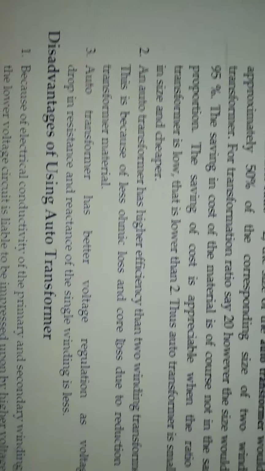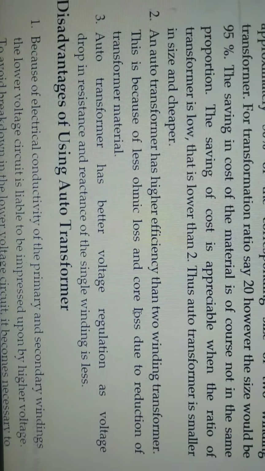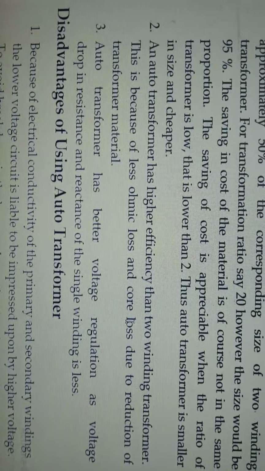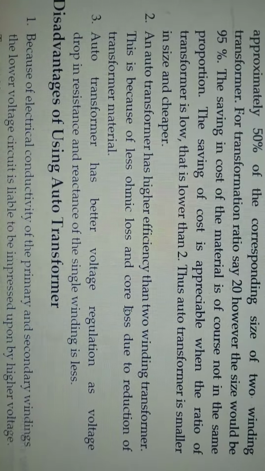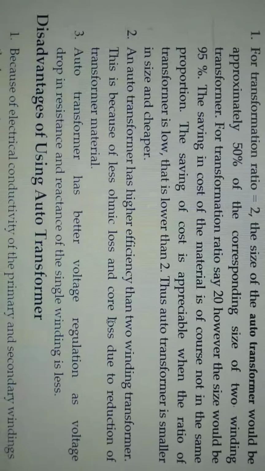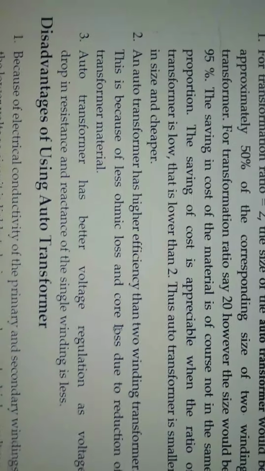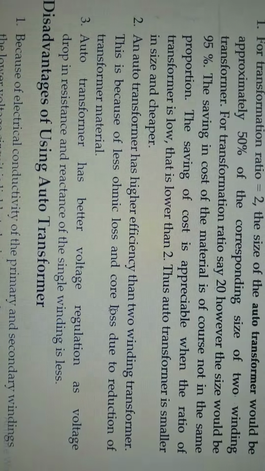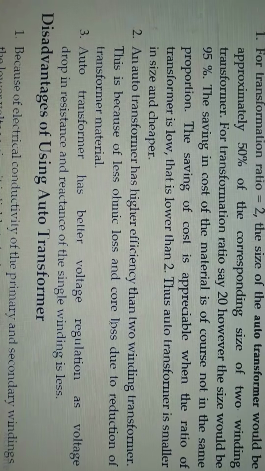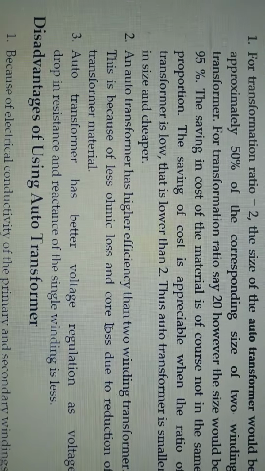Auto transformers have higher efficiency than two winding transformers, because of less ohmic loss and core losses due to the reduction of transformer material. Auto transformer has better voltage regulation, as the voltage drop in resistance and reactance of the single winding is less.